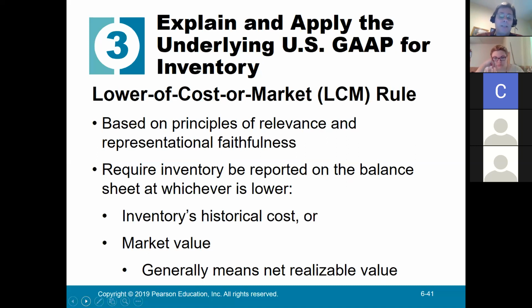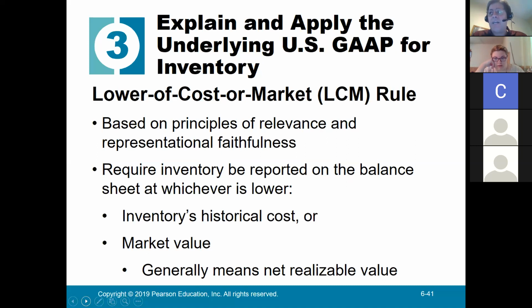All right, but if there's piles of inventory that we know we can't sell at the regular price, and we've tried to sell it at a reduced price, and we're still having a hard time selling it, then we may have to say to ourselves, we know that this isn't worth what we originally paid for it.